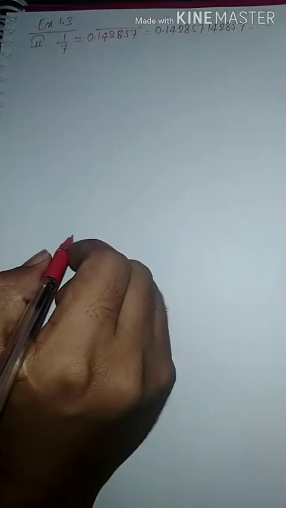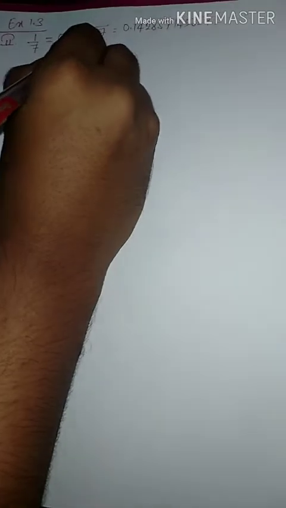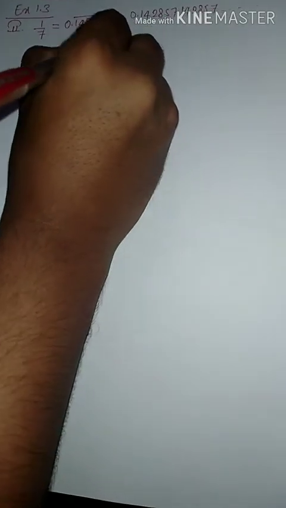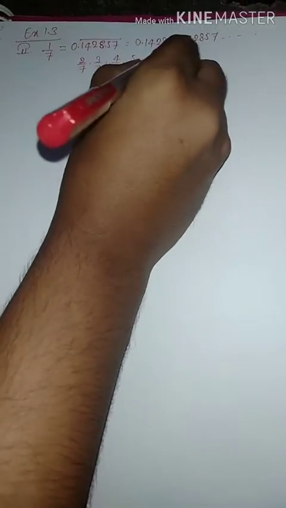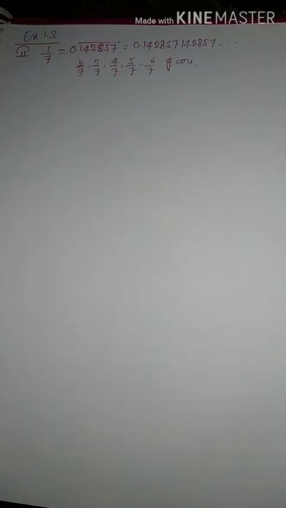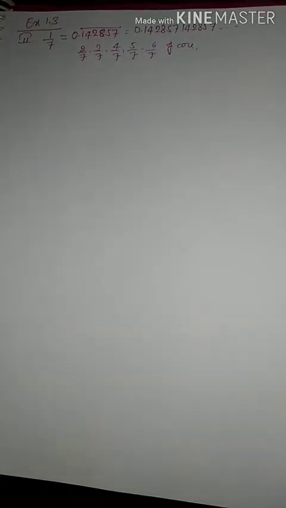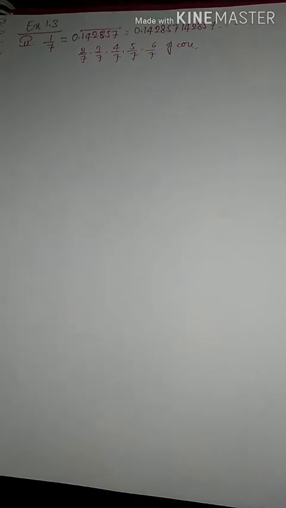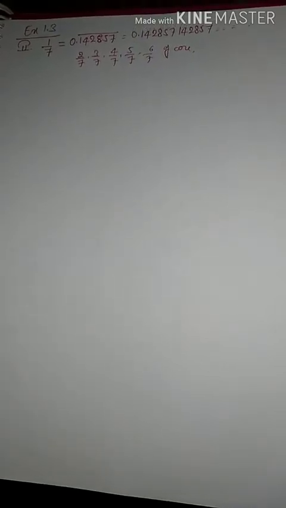Can you predict what the decimal expansion of 2 by 7, 3 by 7, 4 by 7, 5 by 7 and 6 by 7 are without actually doing the long division? If so, how? Hint is given. Study the remainders while finding the value of 1 by 7 carefully is the question.